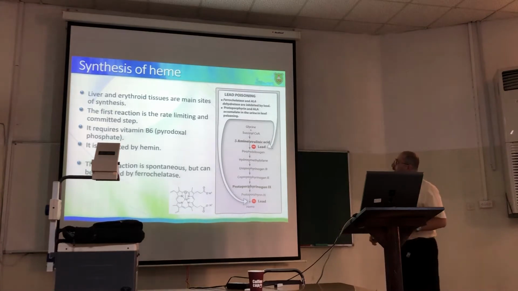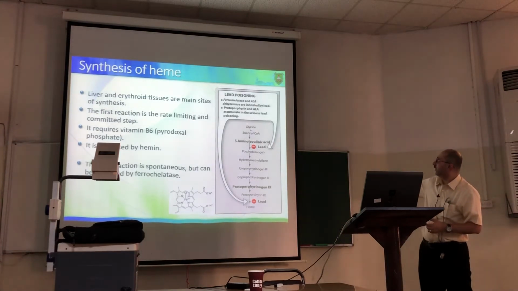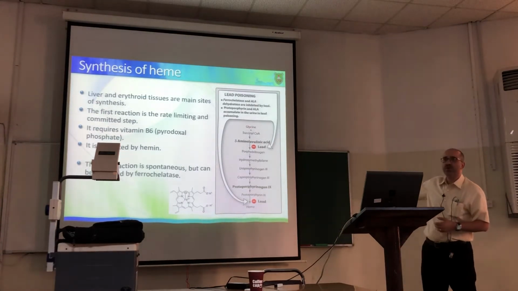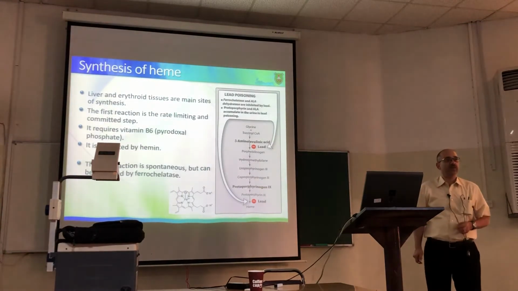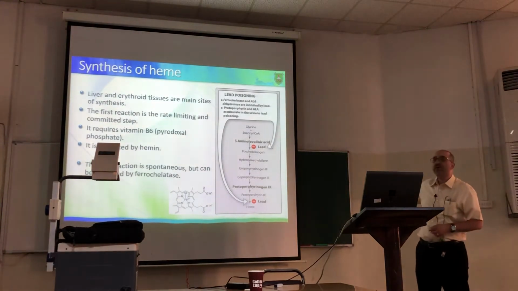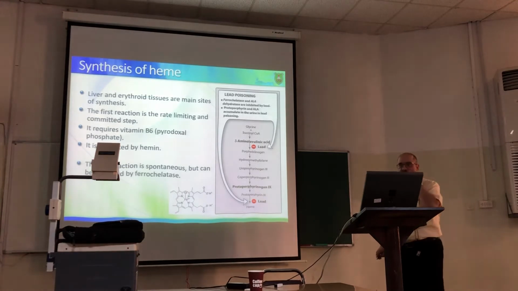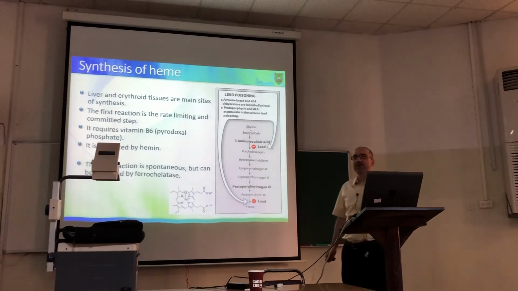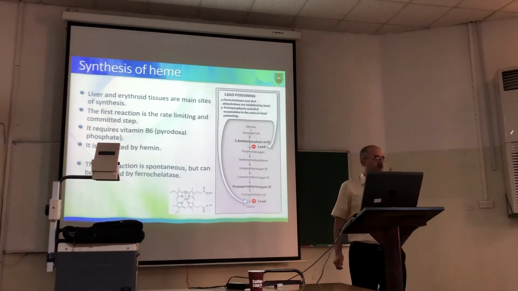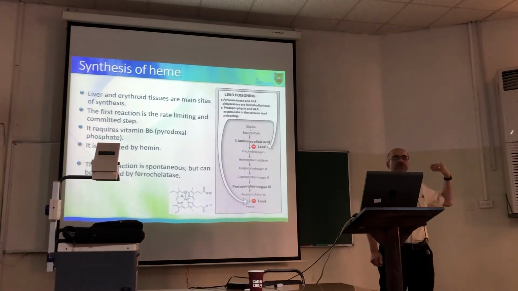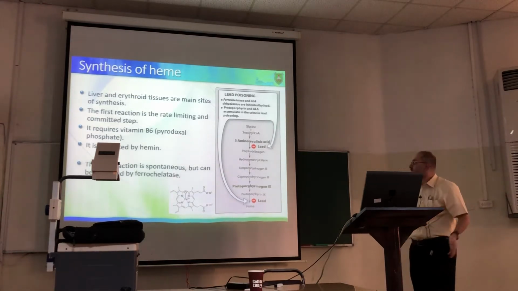So basically, heme synthesis starts with the integration of two molecules, glycine and succinyl coenzyme A. This is the rate-limiting and committed step. Rate-limiting means that it is the slowest in a pathway. Committed means that there's no point of return. It doesn't go back. It has to move forward and finish off what it has started.